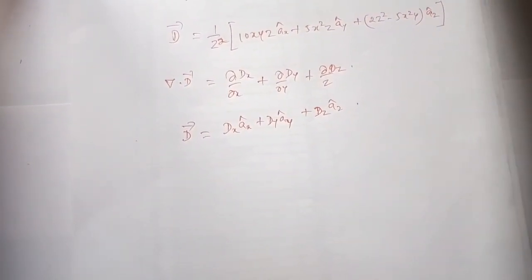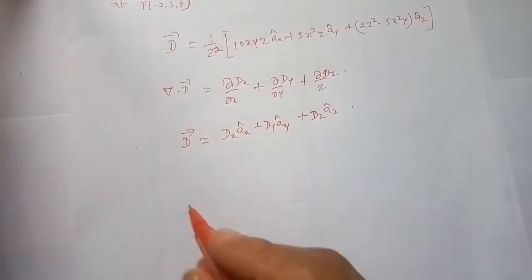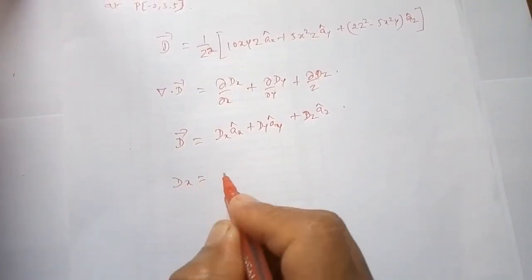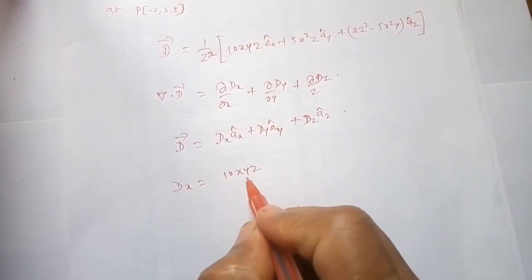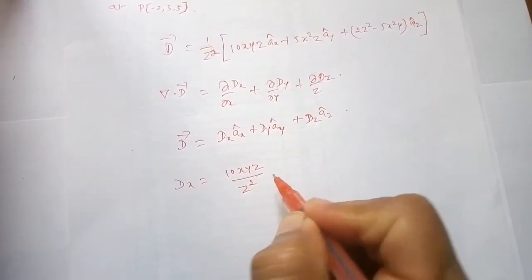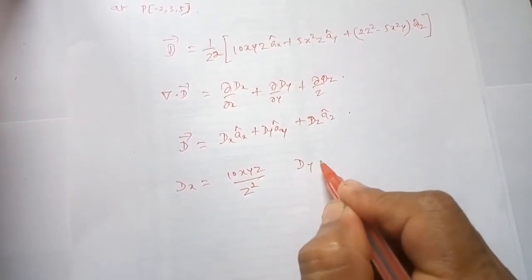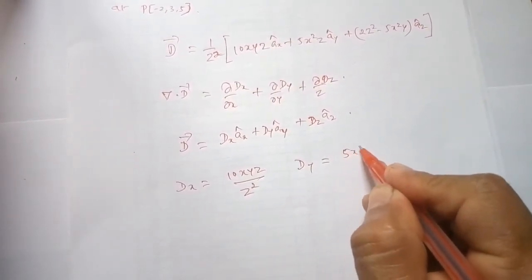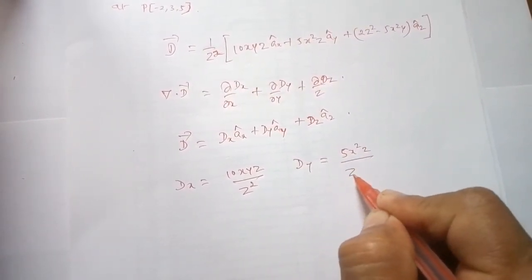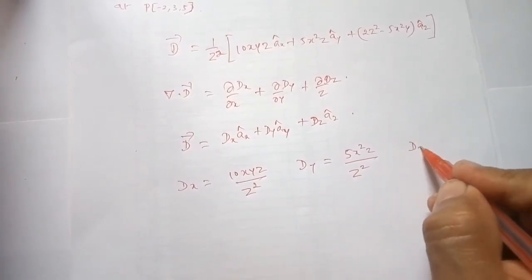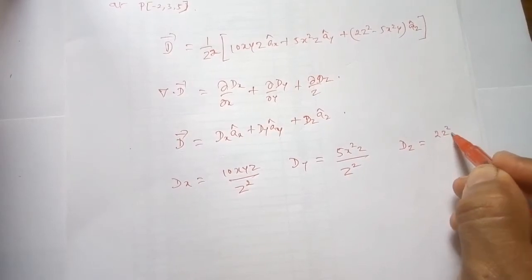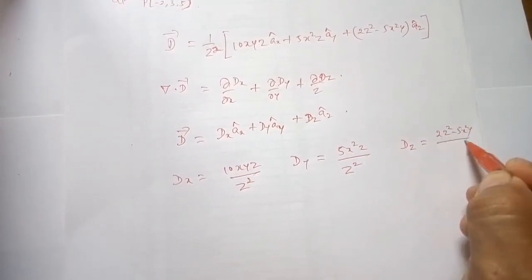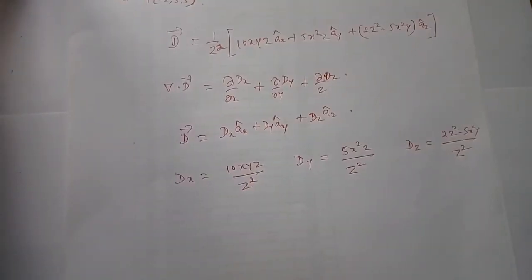Let us identify the coefficients in the vector. Dx is 10xyz divided by z square, where z square is a common term. Dy is equal to 5x square z divided by z square. Dz is equal to (2z square minus x square y) divided by z square.